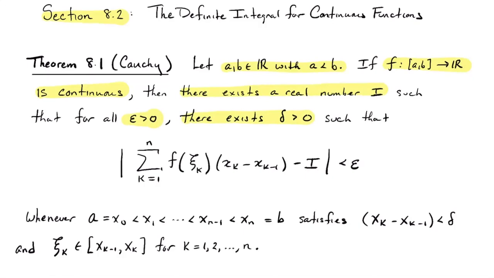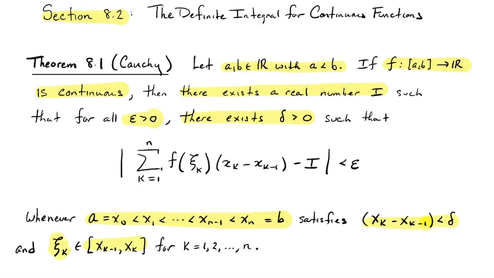So that, and I'm going to skip to the bottom here, whenever you pick a sequence of points between a and b, strictly increasing, with the first one x_0 equaling a and the last one x_n equaling b, there can be any number of them. Whenever you pick such a sequence with the property that the distance between any two consecutive ones, that is x_k minus x_{k-1}, is no more than delta, and you choose some points, this is the Greek letter xi sub k, it's subscript because I'm picking them in that kth subinterval between x_{k-1} and x_k.